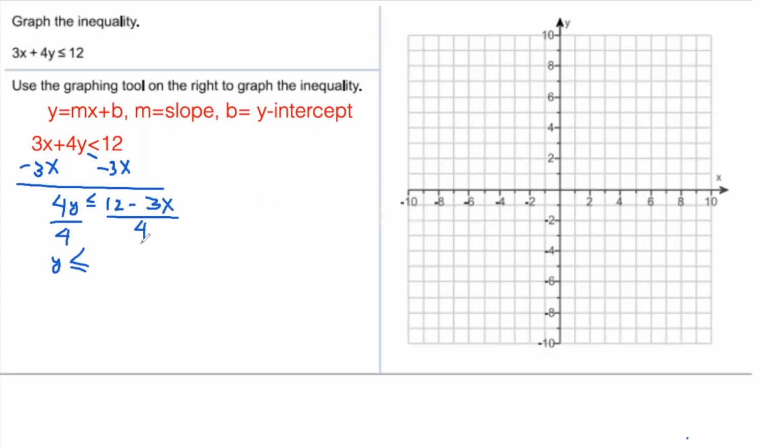12 divided by 4 is 3, minus 3 over 4 x. Here we can't divide it.